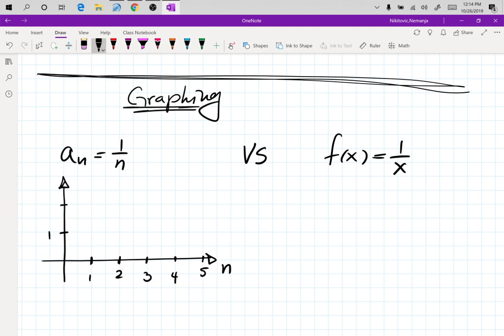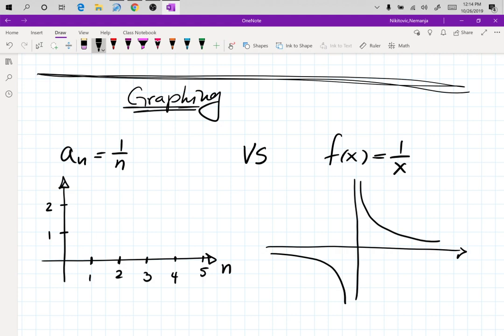And then I'll just put 1 and 2 on the x-axis. And over here, I'm just going to draw 1 over x. We all know what that looks like. It looks like that. Let's put just y.